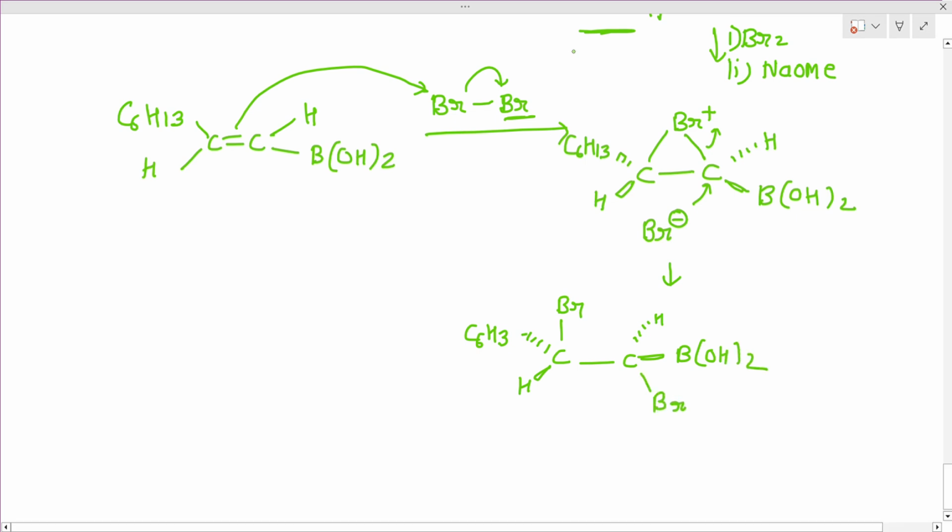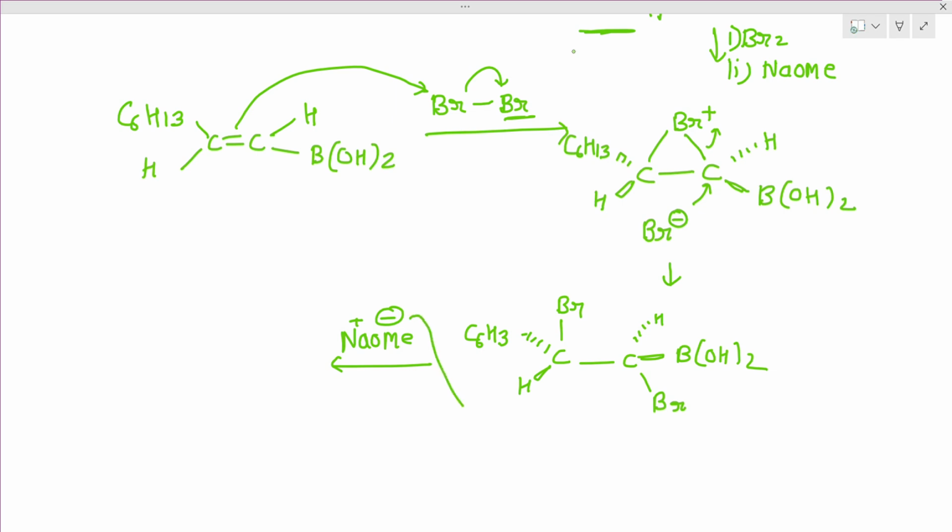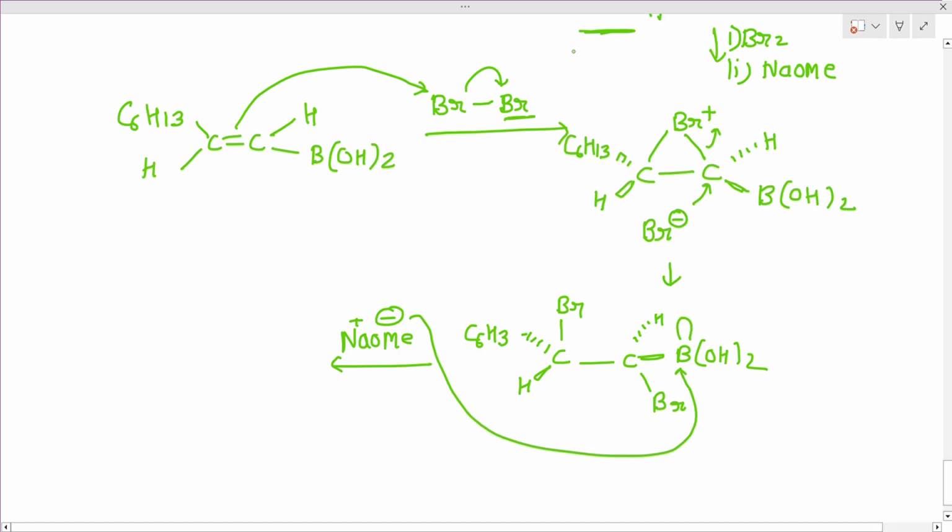Now, in the next step, you have to treat it with NaOMe. This is positively charged. This is negatively charged. This we have seen. This negative charge will attack where? This will attack on the vacant side here. This is the vacant pi orbital, so it will attack here, so that a new bond is formed.